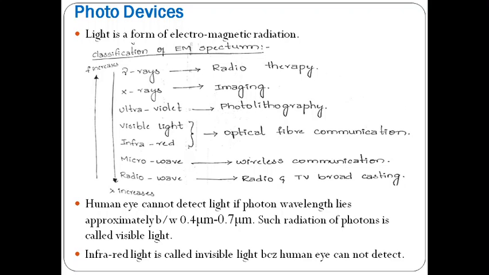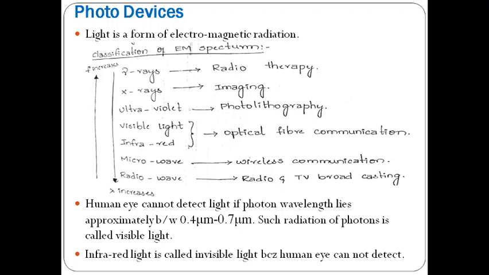Gamma rays are generally used in radiotherapy, and X rays we are using in imaging. UV rays are used in photolithography, which is used in IC fabrication.